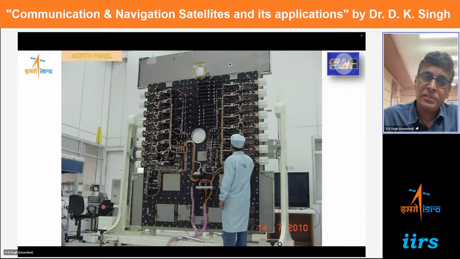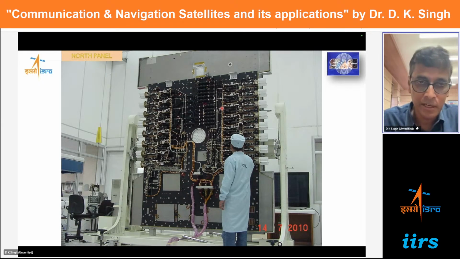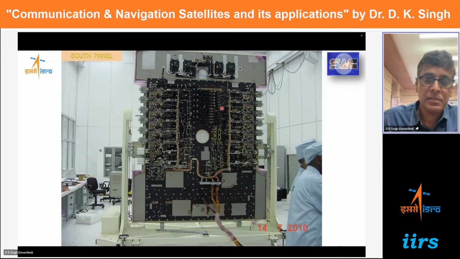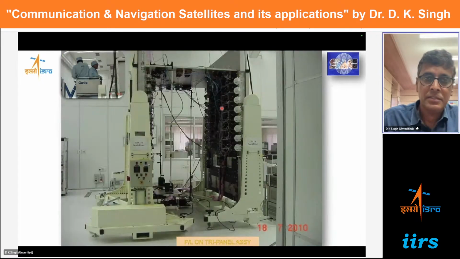Now these are some of the pictures of in our lab, like one satellite panel which is populated with the several equipments, and they are very specialized electronics hardware, mainly radio frequency hardware, and several such panels are built and then integrated in this fashion.